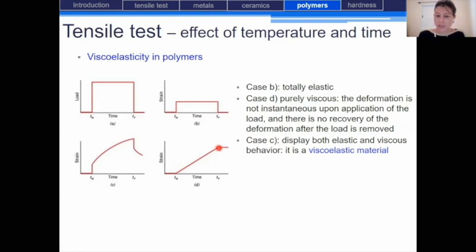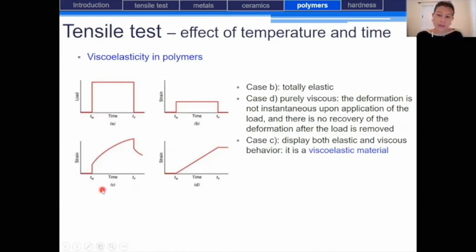At tr, the value of the deformation is the maximal value of deformation that this sample withstands. And so we are going to call this kind of material viscous materials. So the deformation is not instantaneous upon application of the load. It is progressive, and there is no recovery of deformation after the load is removed. So this is what we observe in liquids.